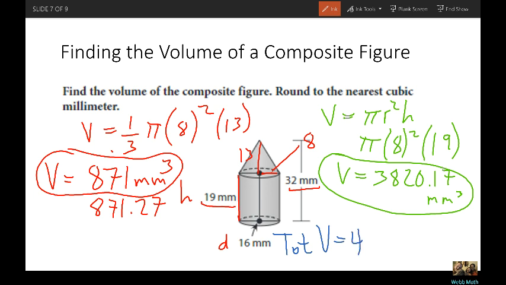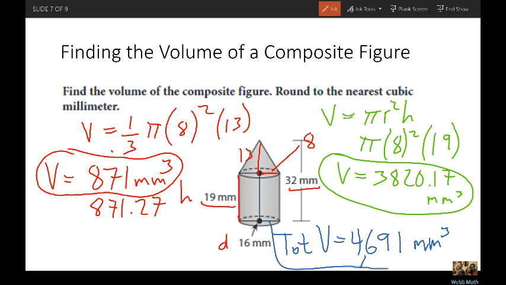I'm also including my decimals in this answer on the calculator, but it doesn't go to 0.5 unless you round all the way up from the thousandths, which I won't. So this is my final answer to the nearest cubic millimeter.